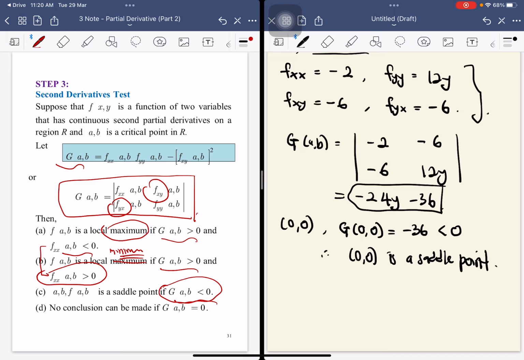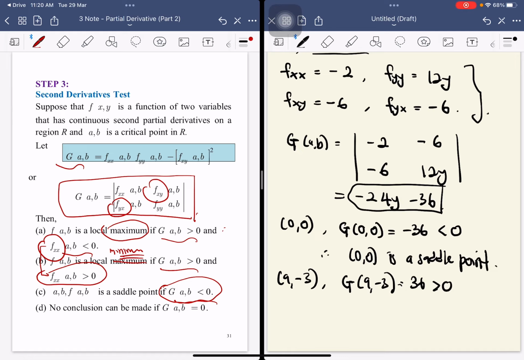The next one is 9, -3. If we find the value of g here, we get 36, and we know that 36 is greater than 0. So let's look at the first and second options. Another condition to consider depends on fxx.